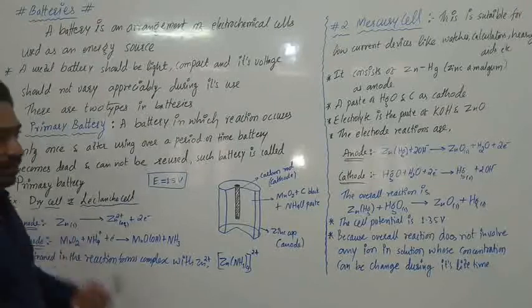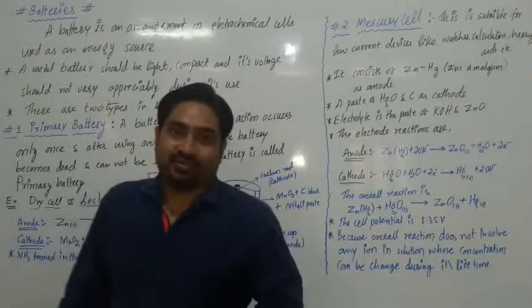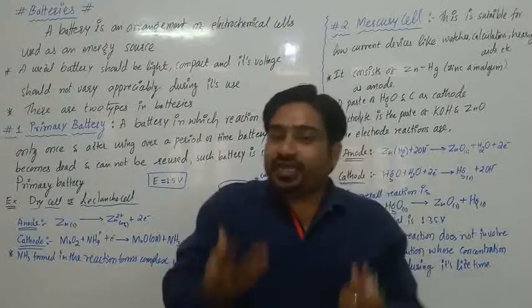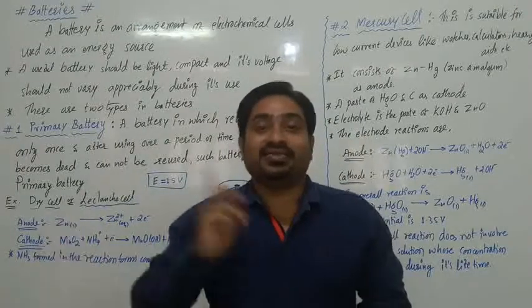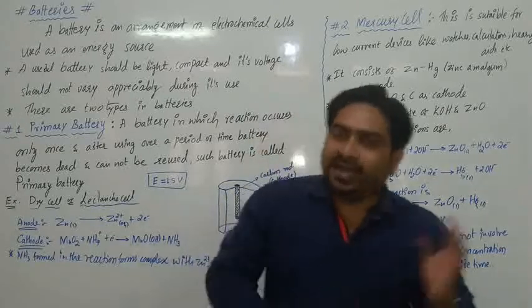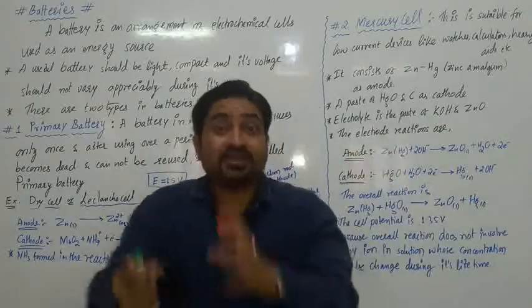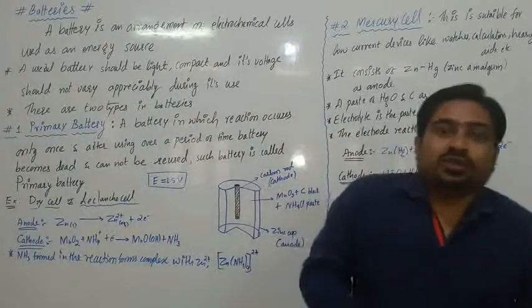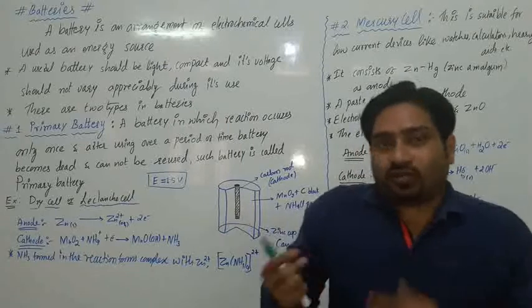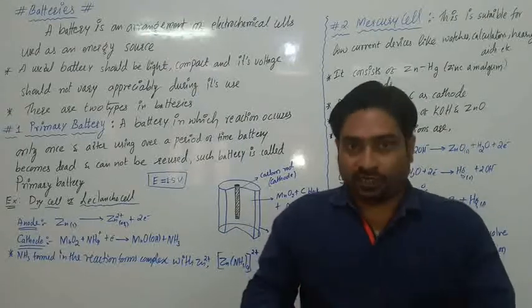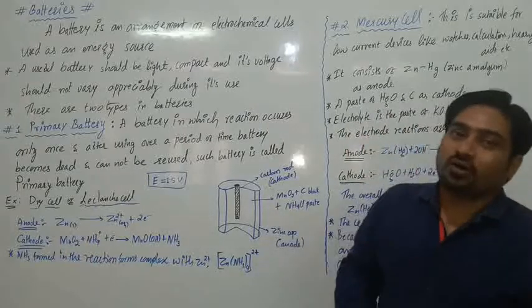So firstly, what do you mean by battery? In this topic we have learnt that we can convert electrical energy into chemical energy by using electrolytic cells. And also we can convert the chemical energy of a reaction into electrical energy. The best example for that is the galvanic cell. In a galvanic cell we use two types of electrodes, which are called half cells.